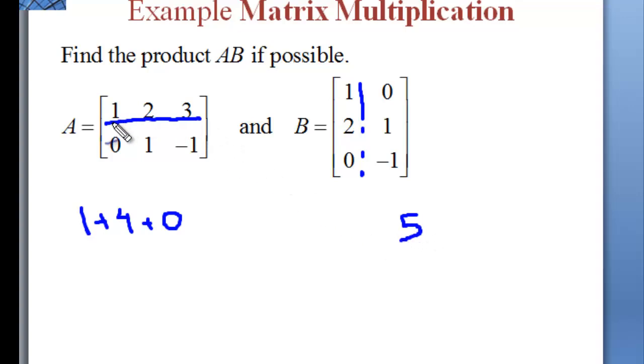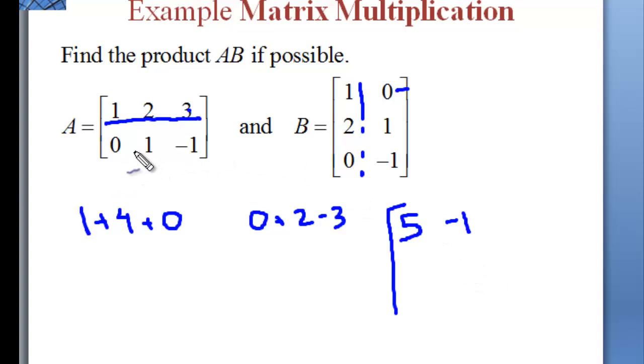We repeat that first row, second column. 1 times 0 is 0. 2 times 1 is 2, and 3 times -1 is -3. 0 plus 2 minus 3 is -1.